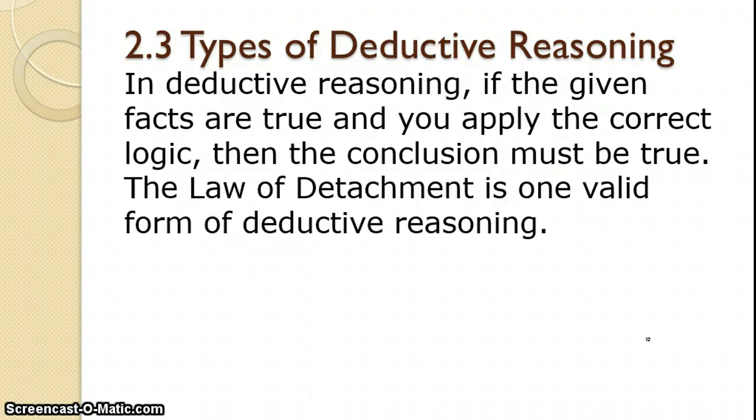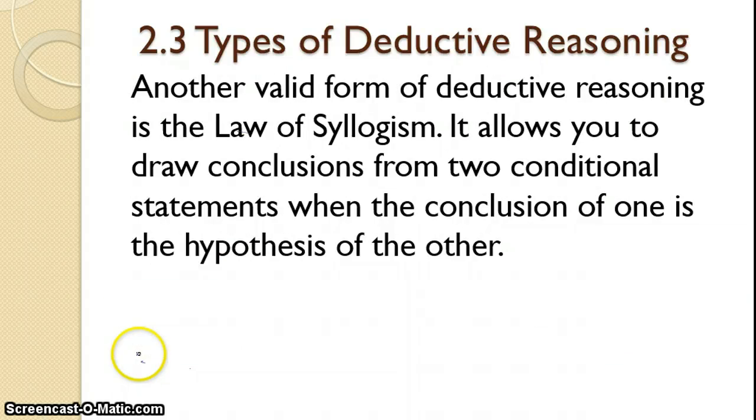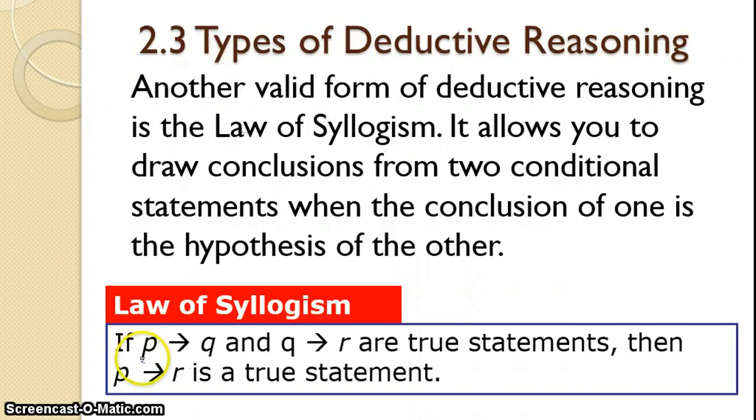true. So if we look at the law of detachment being one valid form of deductive reasoning, it will look like this. If P to Q is a true statement and P is true, then Q is true. Our law of syllogism allows you to draw conclusions from two conditional statements when the conclusion of one is actually the hypothesis of the other.